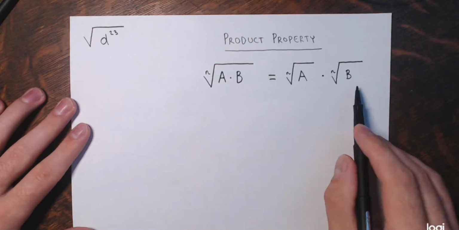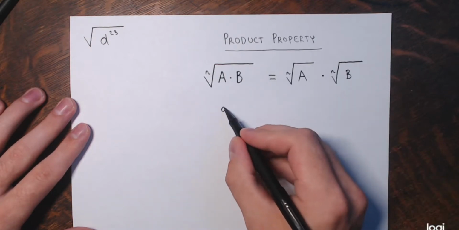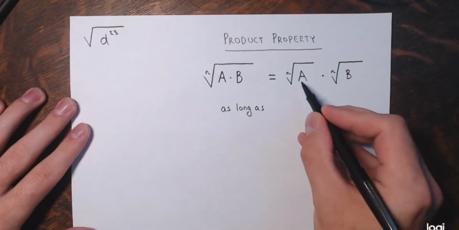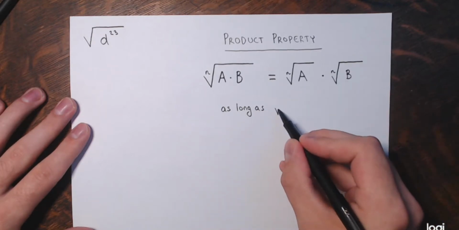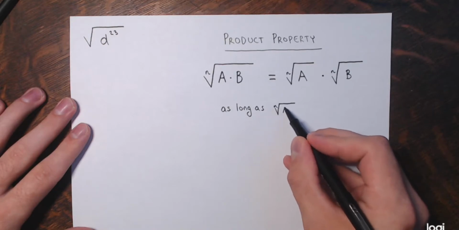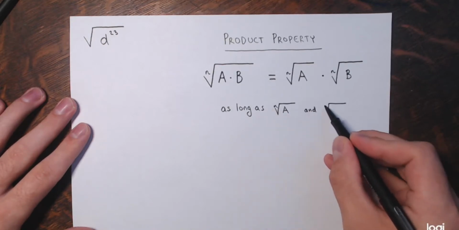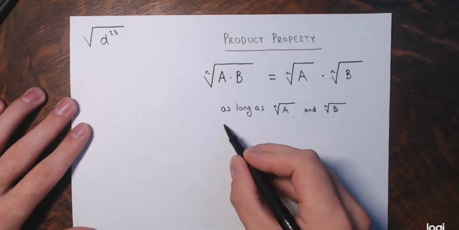Now this is only true as long as the nth root of a and the nth root of b are real numbers.